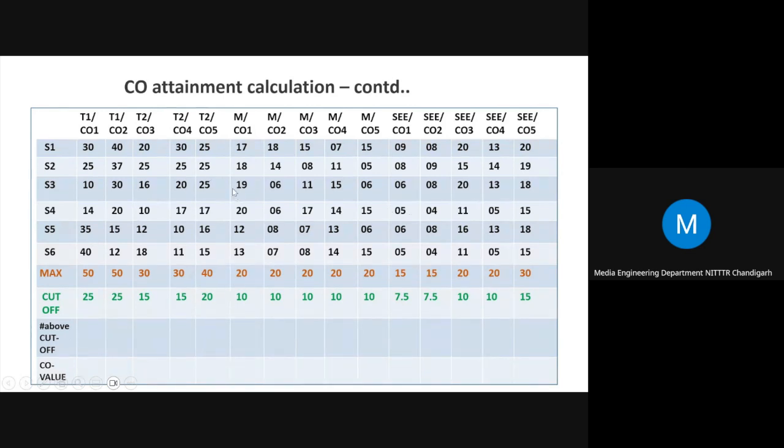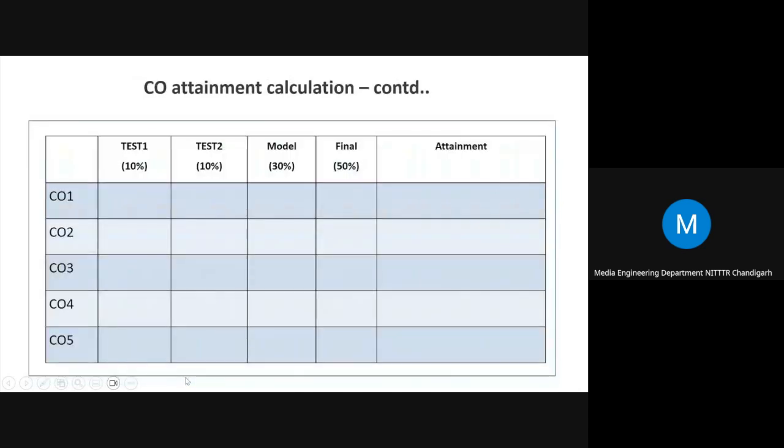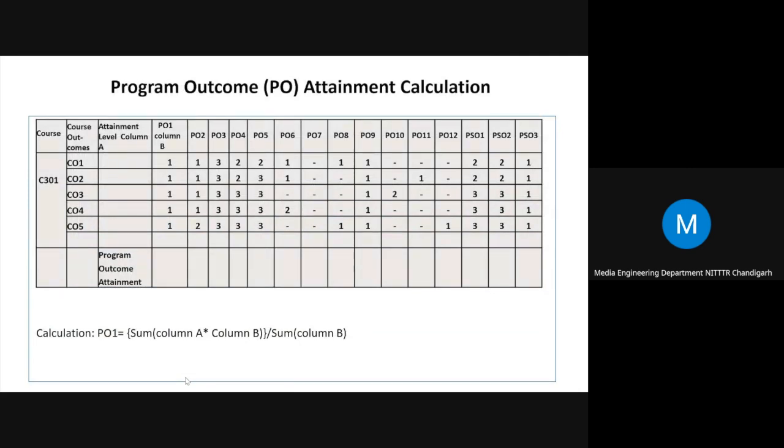scores of various students. I have considered 6 students here, right? The scores of these 6 students in different assessment tools are given. Based on these scores, we have to write the CO values. From these CO values, we'll go for the CO attainment calculation, and from this, the PO attainment calculation of that particular batch.